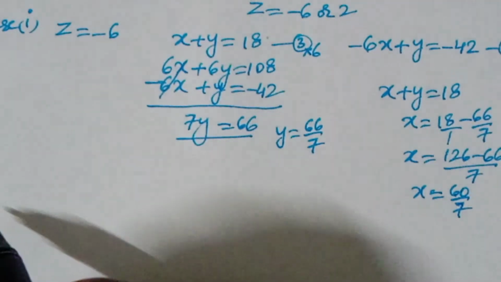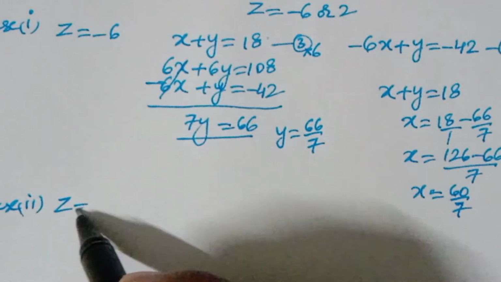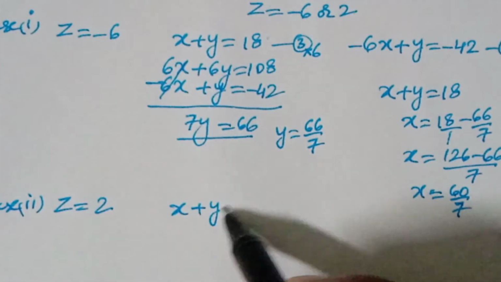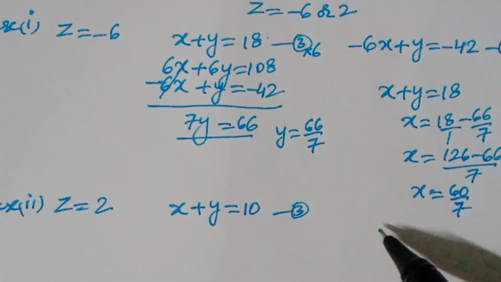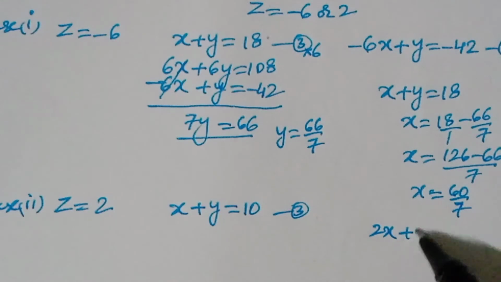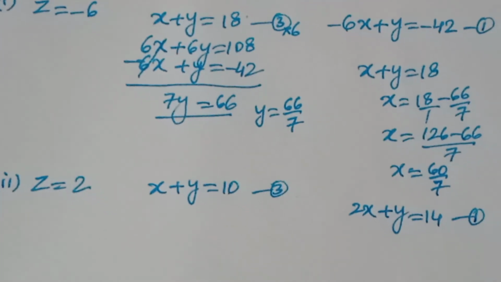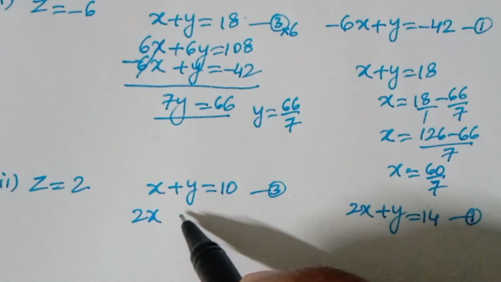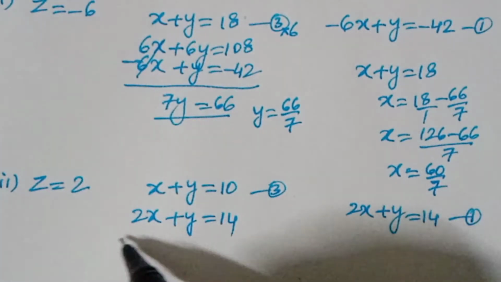So if you take case 2, z value is 2. Then from the third equation, x plus y is equal to 10. If you take the first equation, substitute the value 2 in the place of z: 2x plus y is equal to 14.